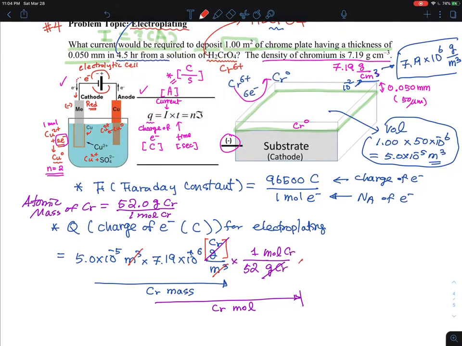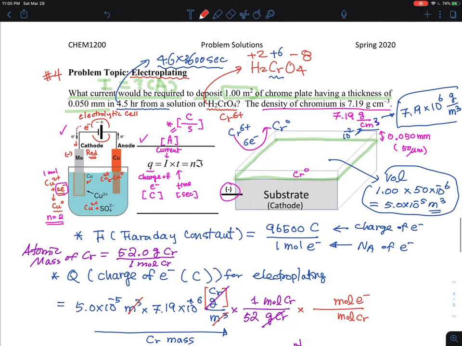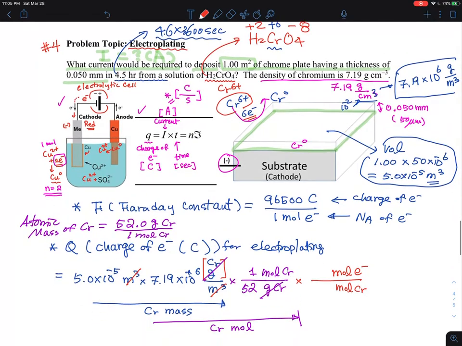And then what do I need? Here I need to use moles of chrome and moles of electrons. How many do I need? And as you find out from here, this is a 6 plus chrome. You need 6 electrons. So 1 mole of chrome needs 6 electrons.